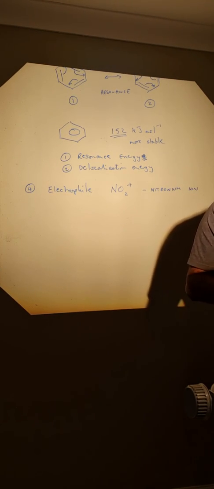And perhaps you should be aware of the name of this. The name of it is nitronium ion. So it's generated using 50% conc nitric and 50% conc sulfuric. This generates for you this nitronium ion, which is the electrophile, which will do nitration reactions for you.